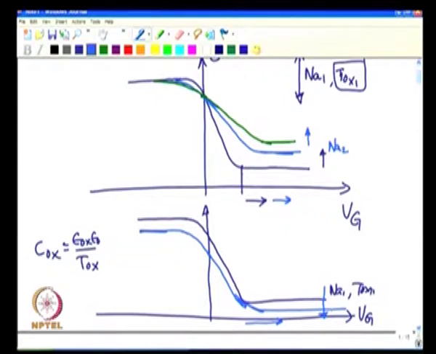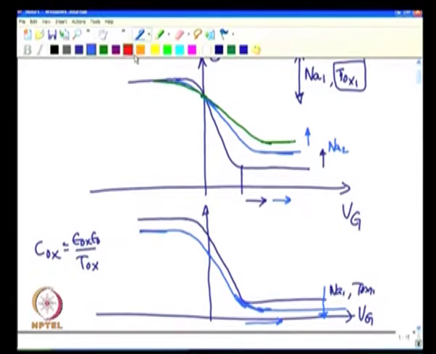And the reason why it happened here is that for threshold condition, as you remember, just as threshold voltage increases with increasing substrate doping concentration, threshold voltage also increases with increasing oxide thickness. So, this threshold minimum capacitance point shifted to the right, and also the minimum capacitance value came down.